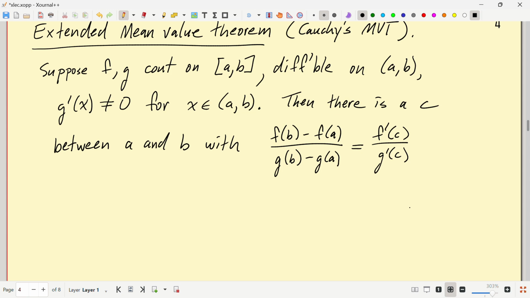So that's an extension of the mean value theorem. A remark is that if I took g of x equal x, that would be the mean value theorem.